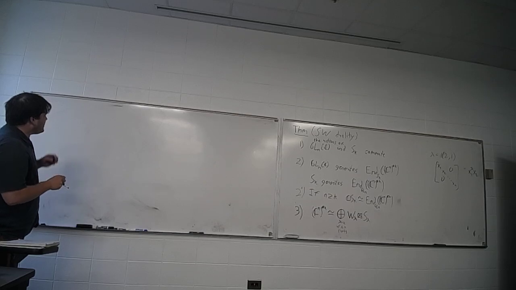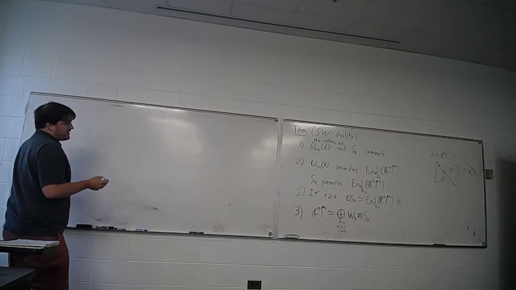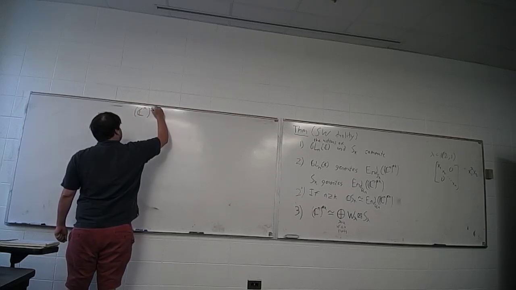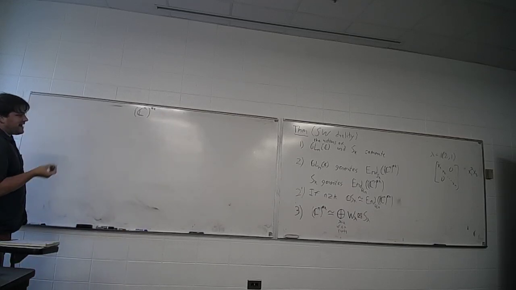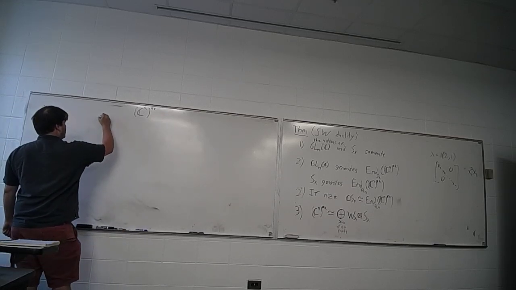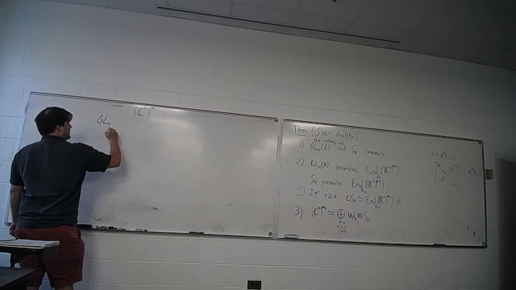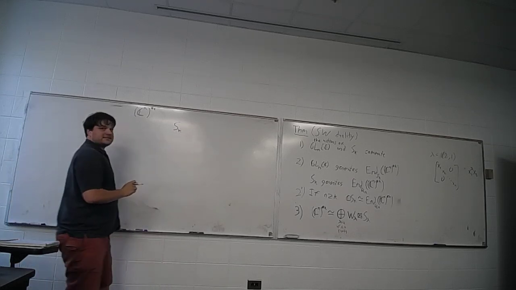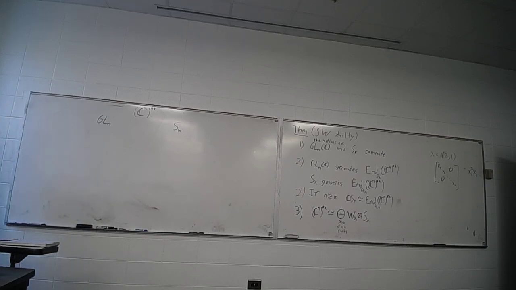So in all these examples, I'm still going to have my underlying space be C^n tensor k. In classical Schur-Weyl duality, I had GLN and S_k acting on this.